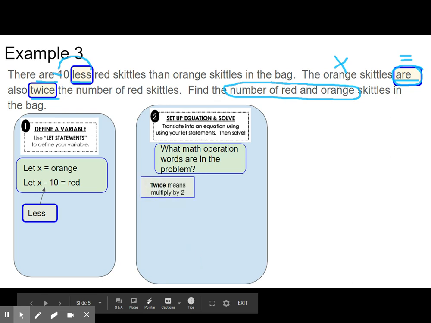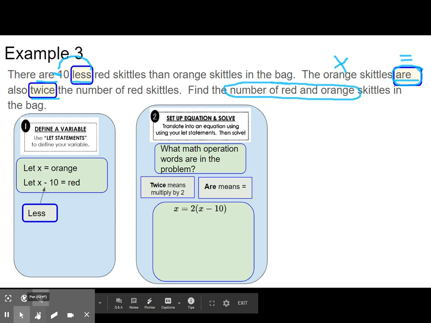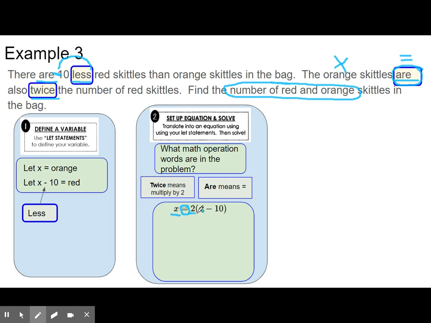What does twice mean? You're going to multiply by 2. Here is your orange Skittles are twice X minus 10. That was your red Skittles. I don't know if it would help you maybe. Your orange Skittles are twice your red. If that little intermittent step helps you, do it.